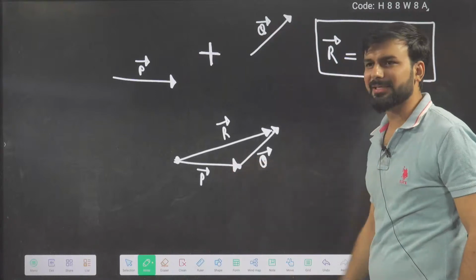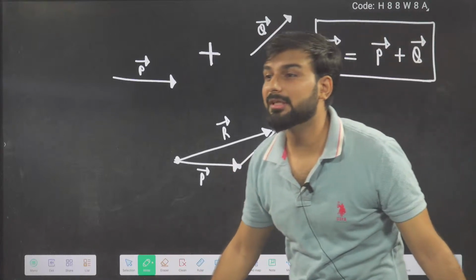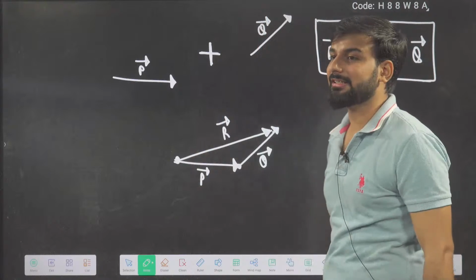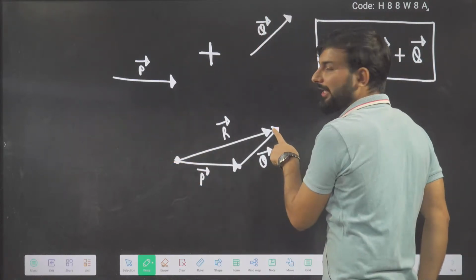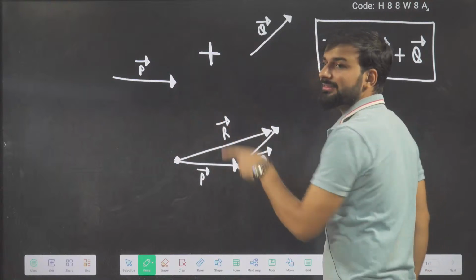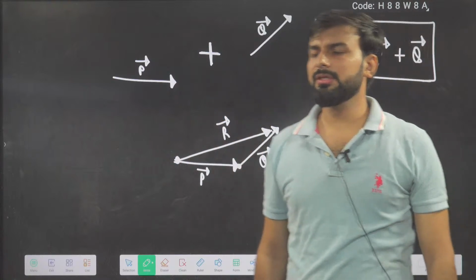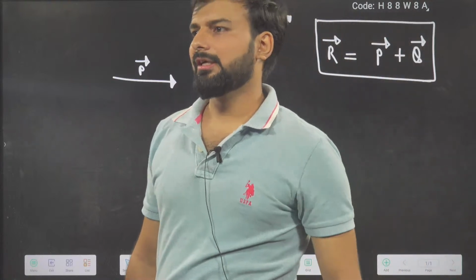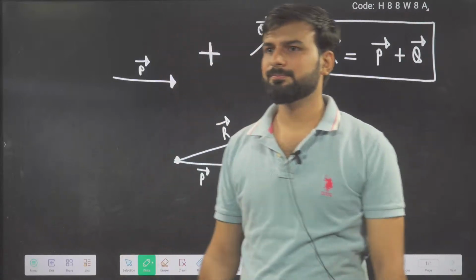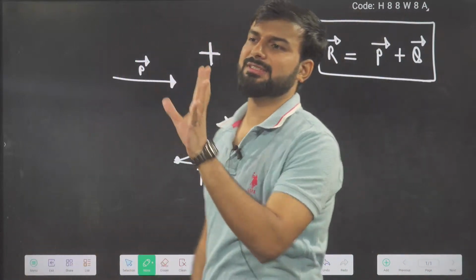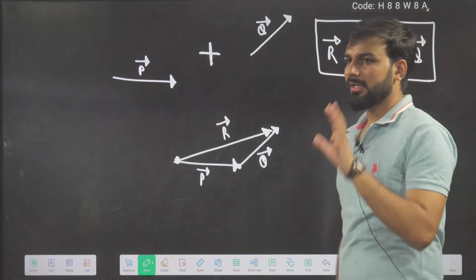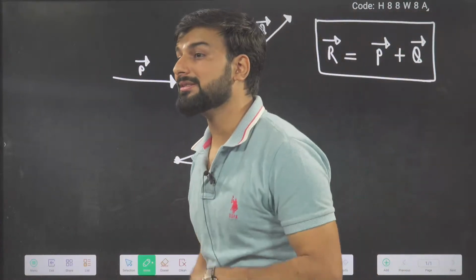Can these two vectors become the resultant? They can never become the resultant. Who will become the resultant vector? The one with tail and tail here, head and head here. So R is the vector which will be your resultant vector. I hope everyone understood. Give me a thumbs up about the same sense and opposite sense. Here is the game of same sense and opposite sense, to figure out which one is the resultant vector.